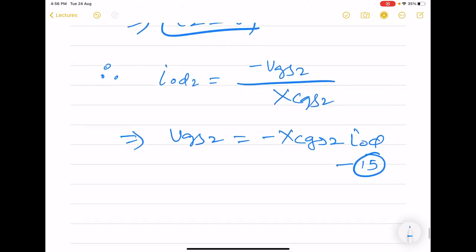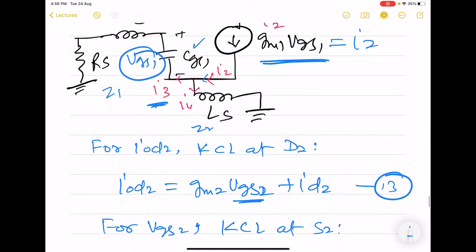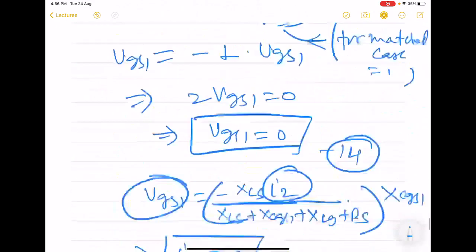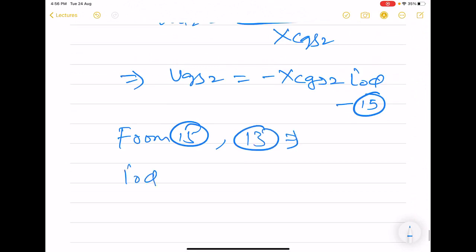Now we substitute this into equation number 13. So this is the unknown which we have already found out. The starting point was this one. So now 13 becomes IOD2 is equal to minus GM2 XCGS2 IOD2.